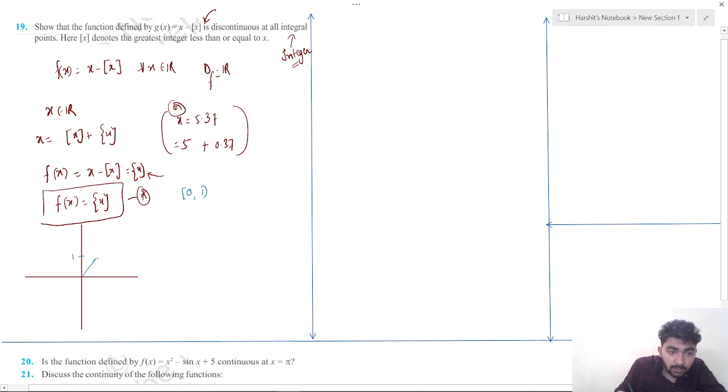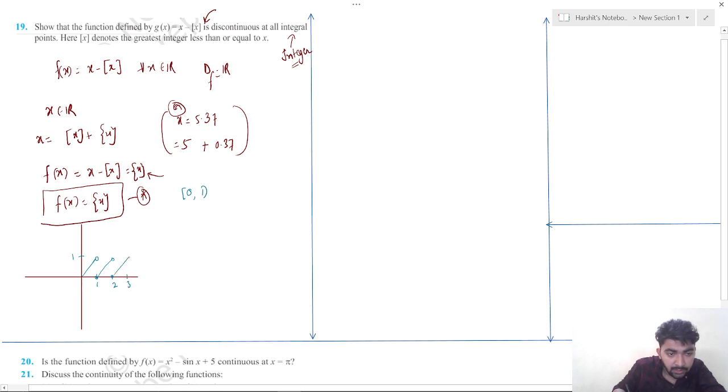At an integer you get 0 value. At 2 we get 0 value again, and in between it increases. Like that we can draw the graph.